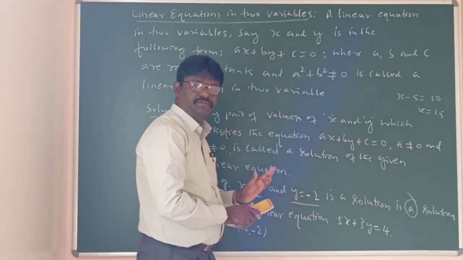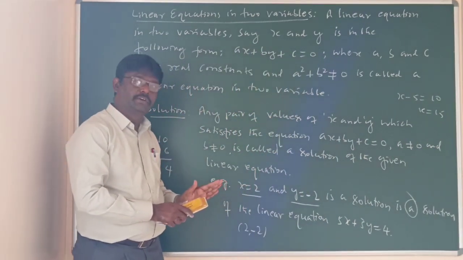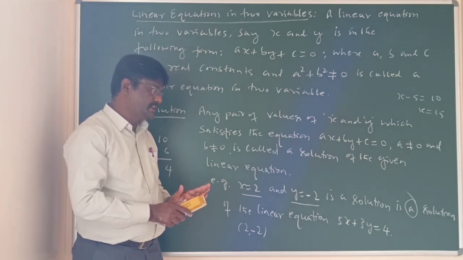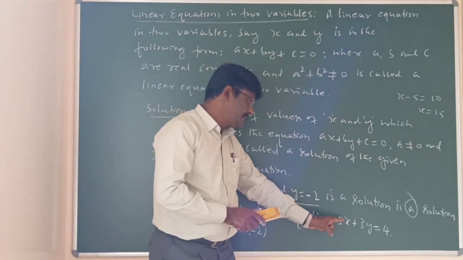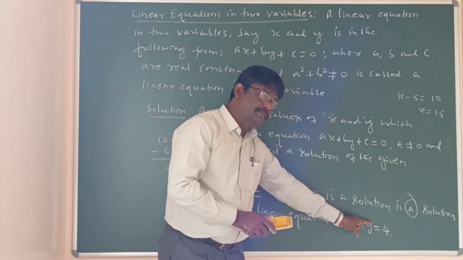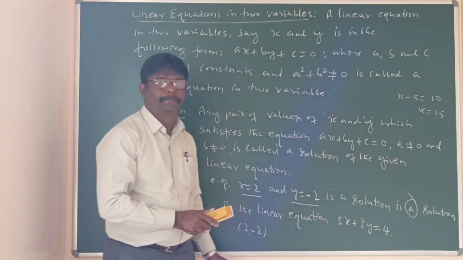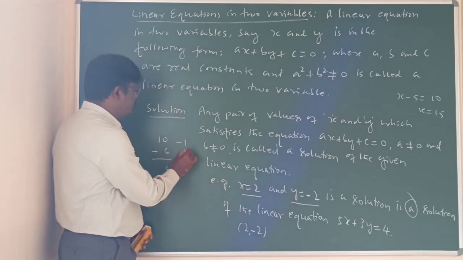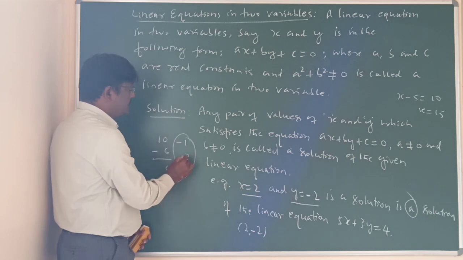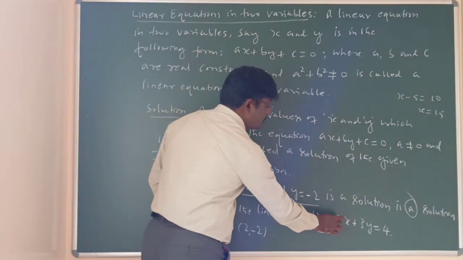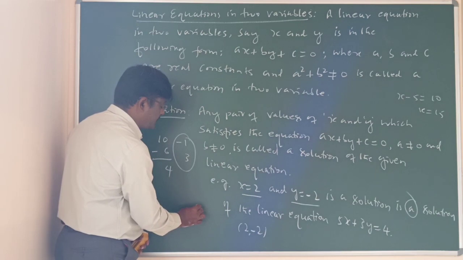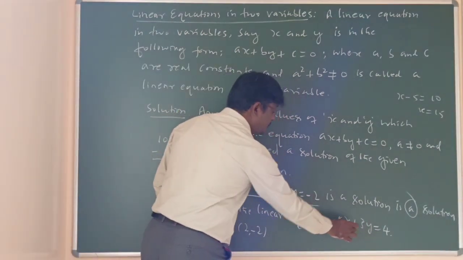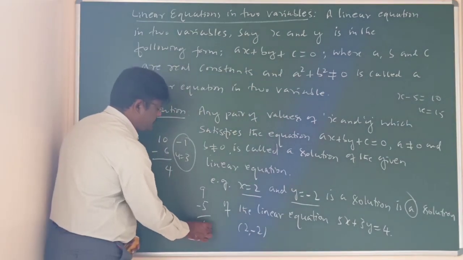Know that difference, children. Can you guess one more pair, such that if you substitute in place of x and y, we should get 4? I will give you minus 1 and 3. When x equal to minus 1, 5 into minus 1 is minus 5. y equal to 3, 3 threes are 9. 9 minus 5 is what? 4.